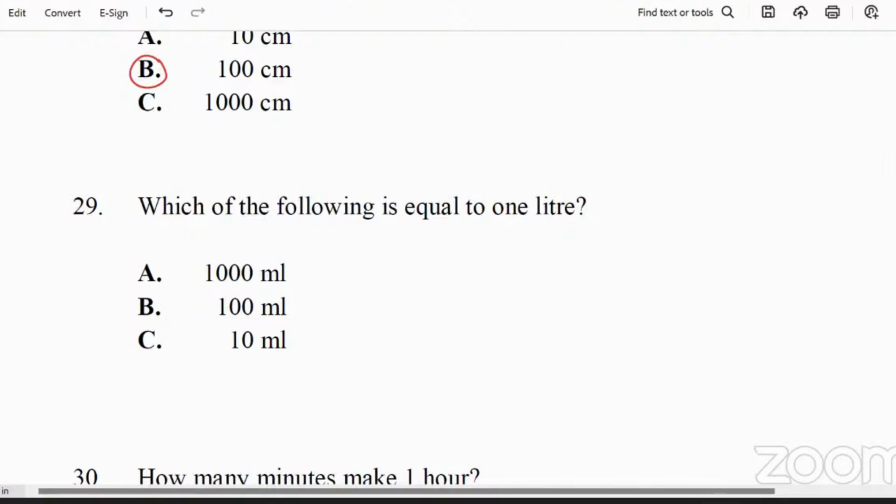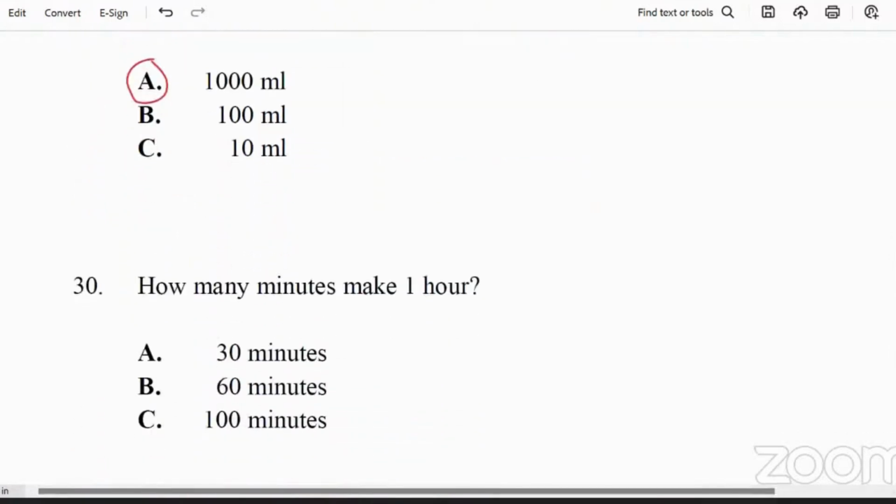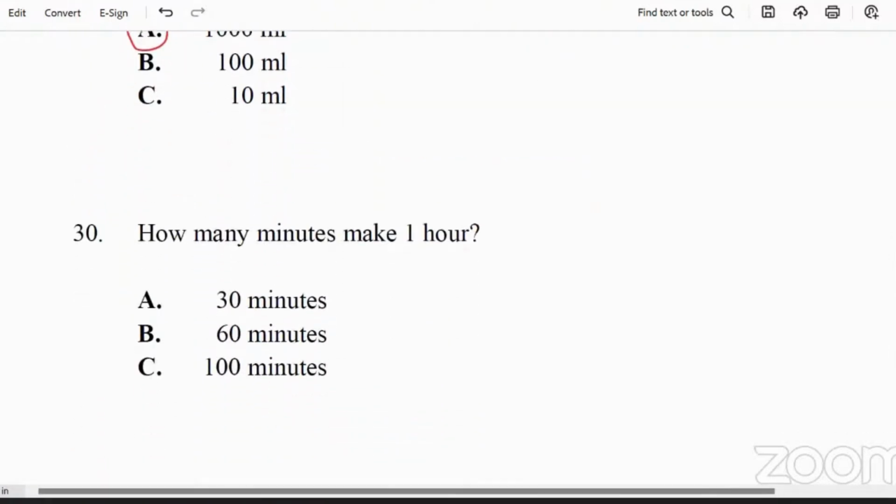All right, so question 29, which of the following is equal to 1 liter? Is it 1,000 milliliters, 100 milliliters, or 10 millimeters? Again, guys, you have to know how to convert from one unit to the other, and it's 1,000 milliliters that make 1 liter. So the answer is A. And the final question for this section, how many minutes make 1 hour?